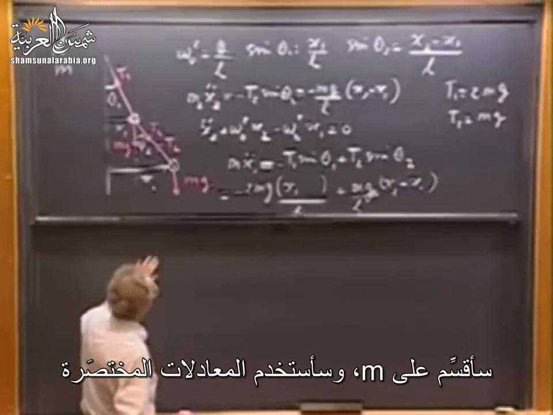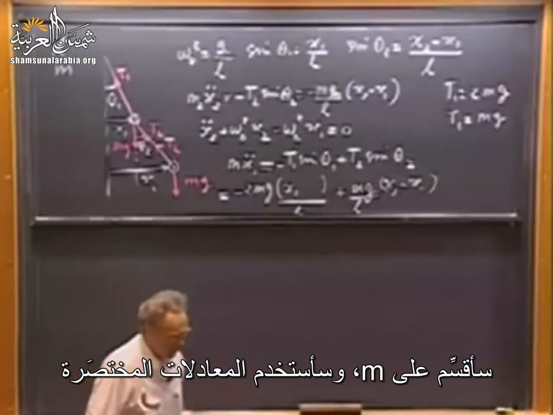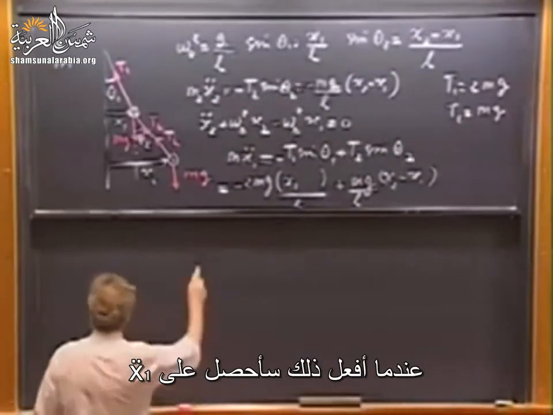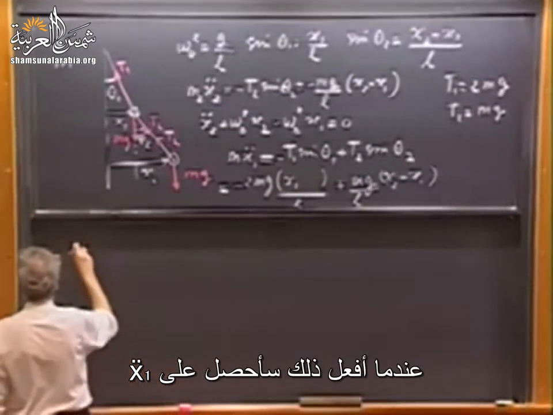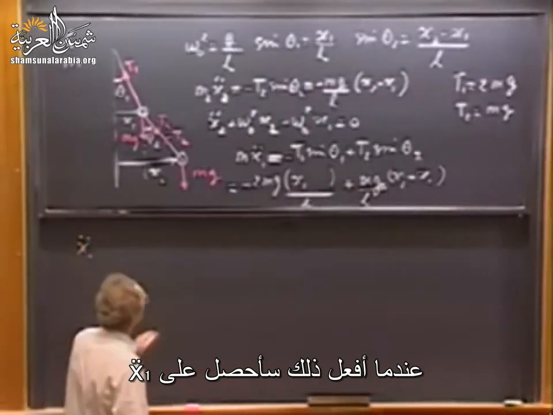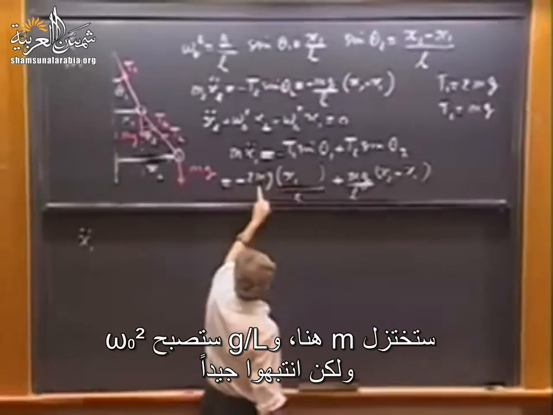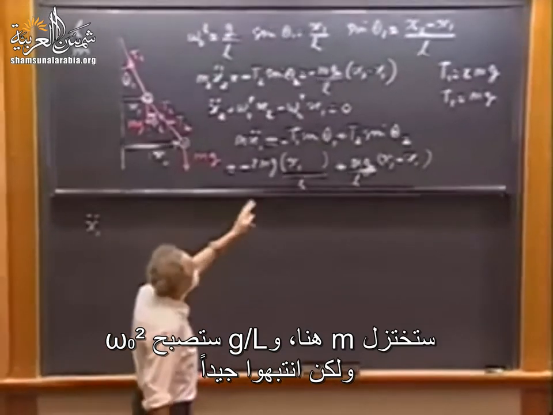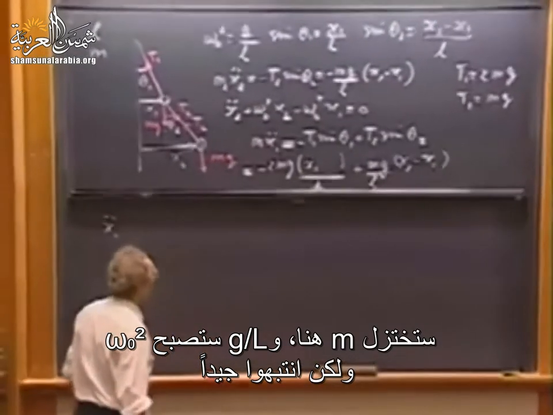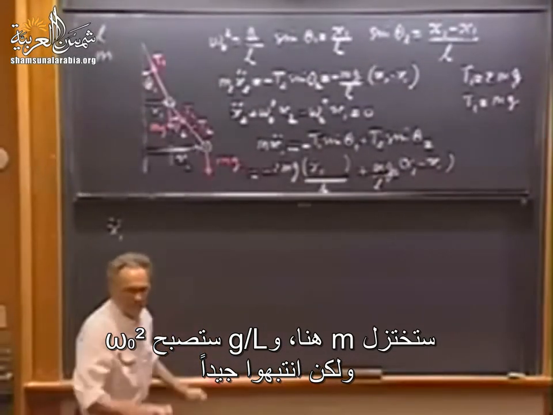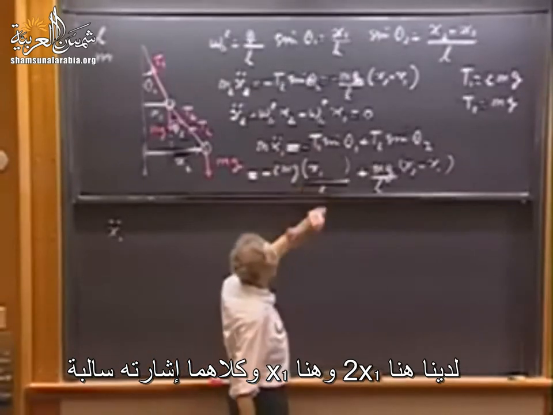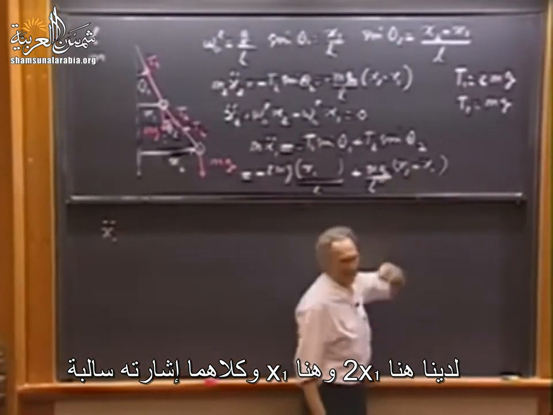And I'm going to divide by m, and I'm going to use my shorthand notation. And when I do that, x1 double dot is this one. Here the m goes. G over L becomes omega 0 squared. But now look closely. There is here a 2 times x1, and here there is a 1 times x1.